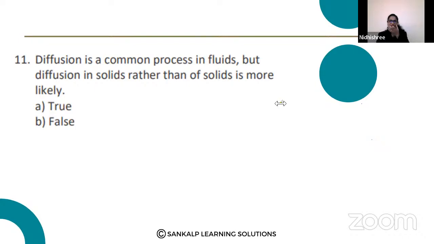Rakshita option A. Nandish option B. Okay, Chaitra option A. Soundarya option B. Shilpa Nayak option A. Vidya option A. Oh my god, option A. Then Dhamini option A. So most of you voted for option A.